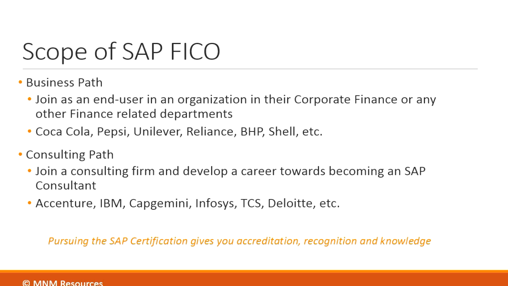Some of the good consulting firms around worldwide are Accenture, IBM, Capgemini, Infosys, Tata Consultancy Services, Deloitte, some of the other auditing firms. Plus you also get a lot of smaller companies doing consultancies as well.